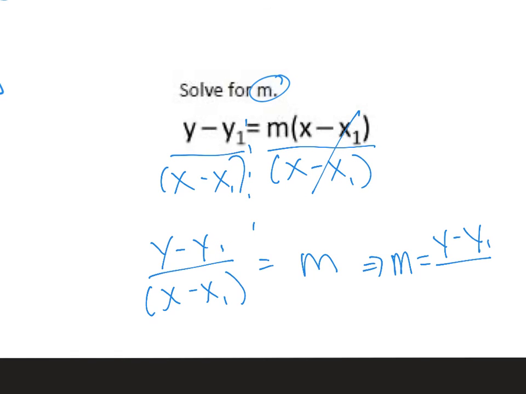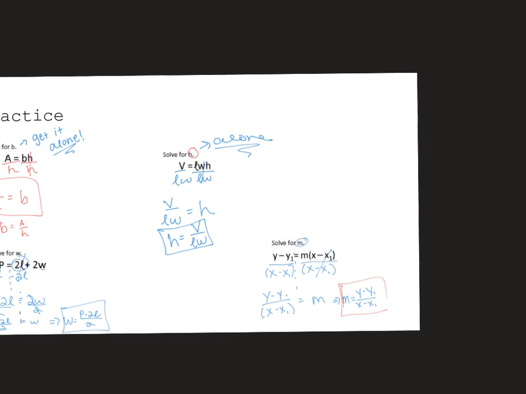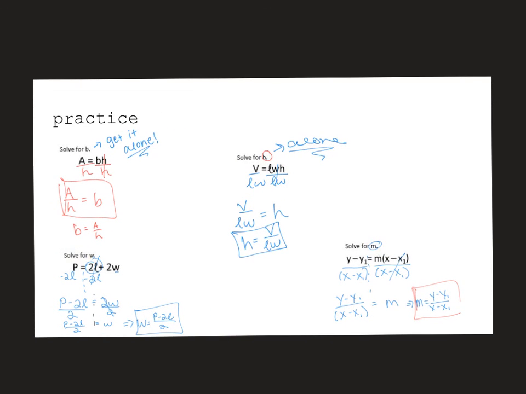M equals, or m is, that is our answer. So try to see past all the different variables. Just focus on rearranging until you can get what you want alone.